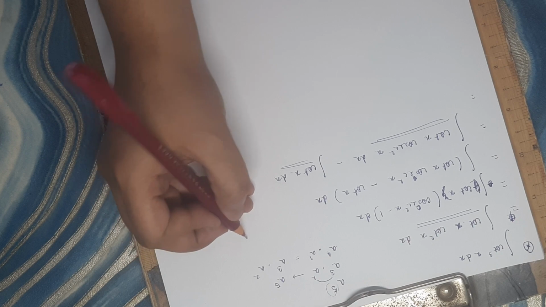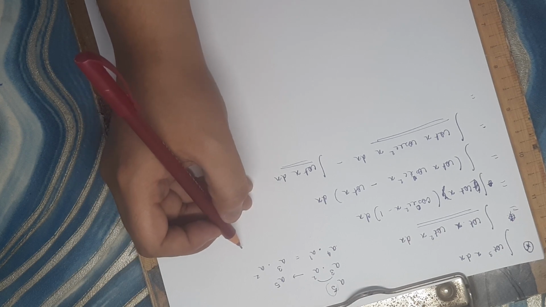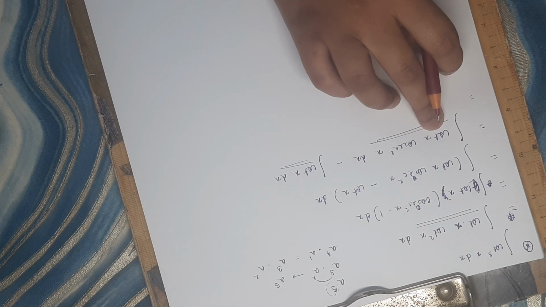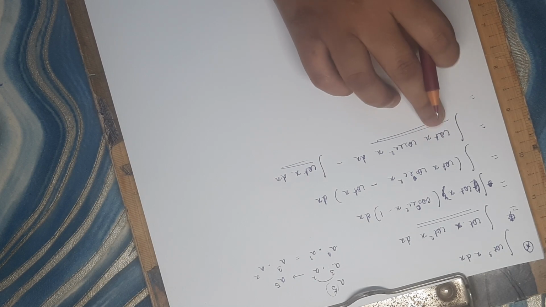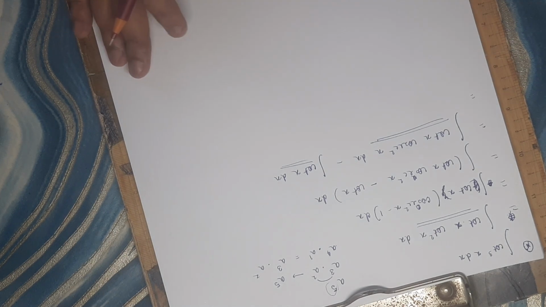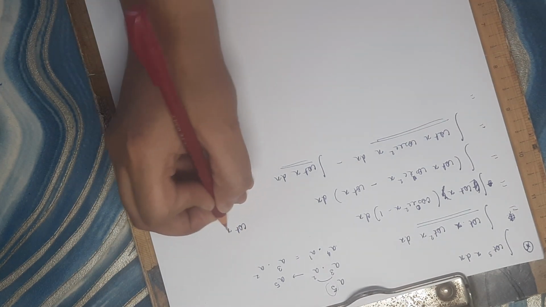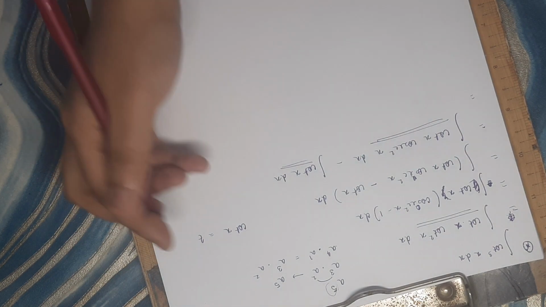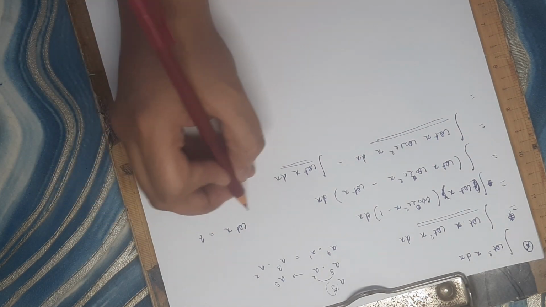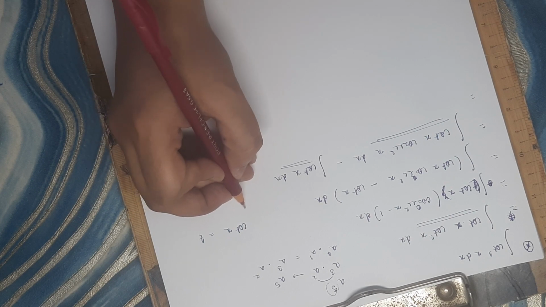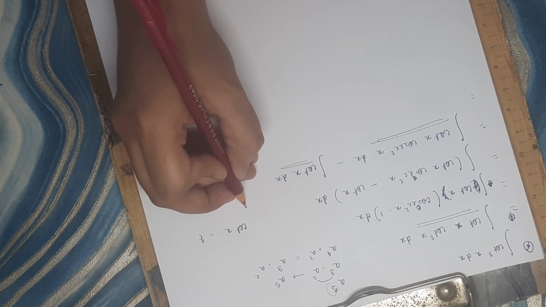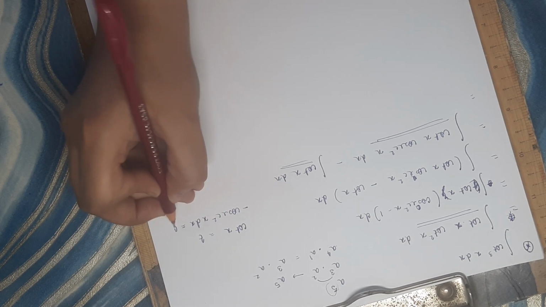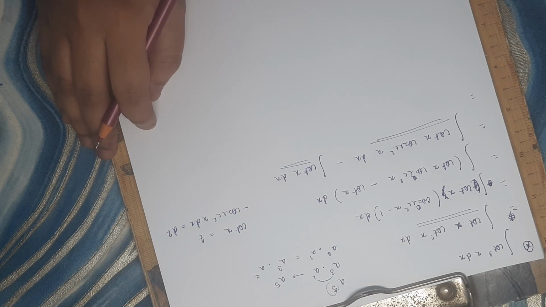So, can you see that if I consider cot x as t, then if I take the derivative, I'll be getting minus cosec square x dx equal to dt, right?